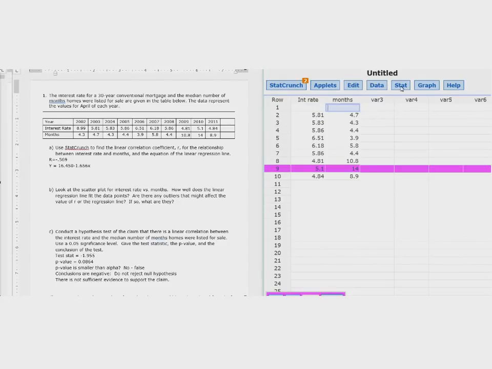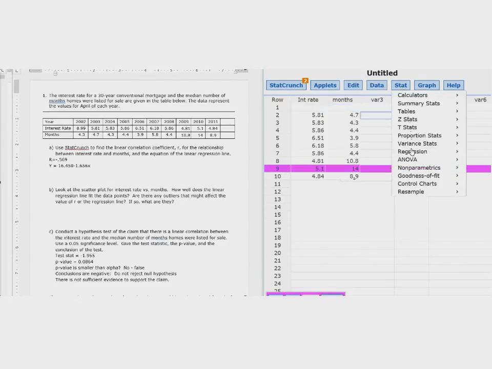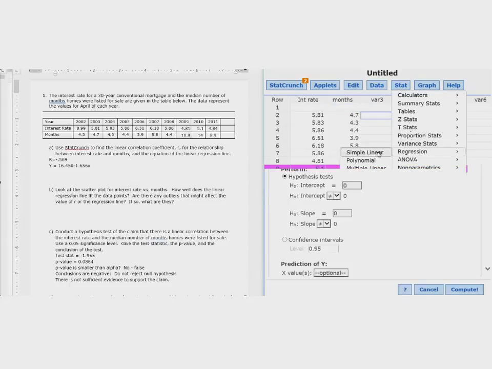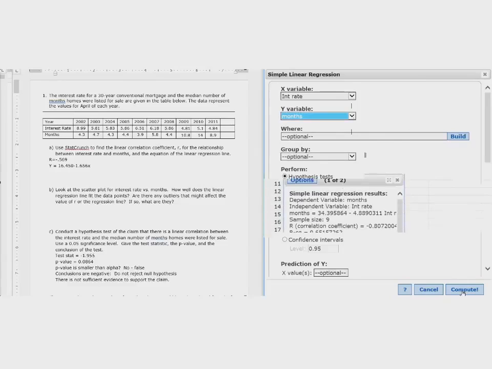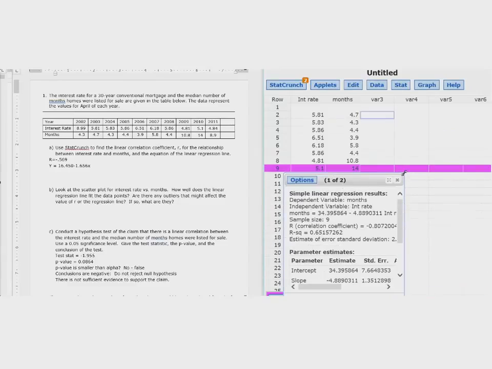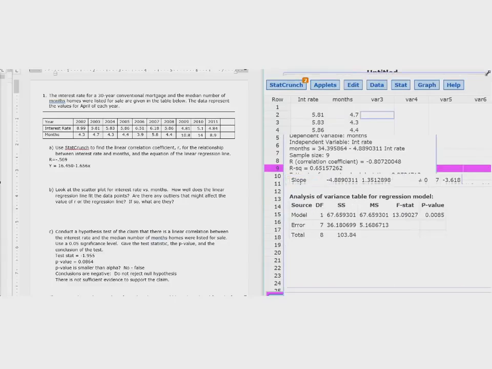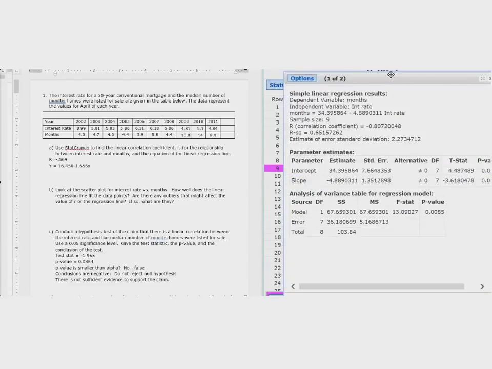And then I'm going to redo my linear regression. I'm just going to click Compute, and it gives me everything I want just by doing that one procedure.